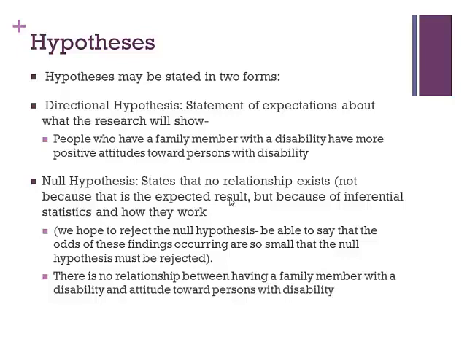We want to be able to say that the odds of these findings occurring are so small that the null hypothesis must be rejected, and therefore we would accept our directional hypothesis. But we'll get to that in a couple weeks. An example of a null hypothesis would be there is no relationship between having a family member with a disability and attitudes of people toward people with disabilities.